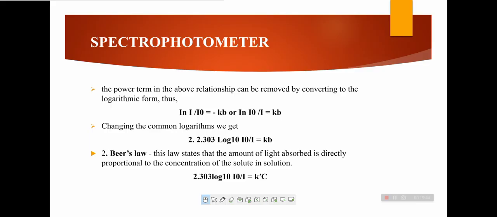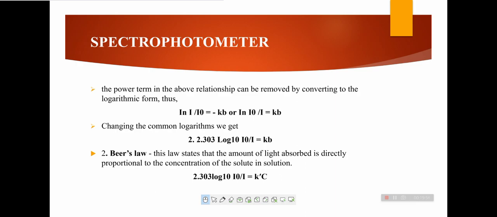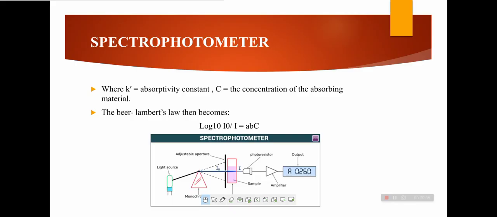Now Beer's law, what is Beer's law? Beer's law states that the amount of light absorbed is directly proportional to the concentration of the solute in the solution. So we can say that Beer-Lambert's law is a linear relationship between the absorbance and the concentration of a solution.